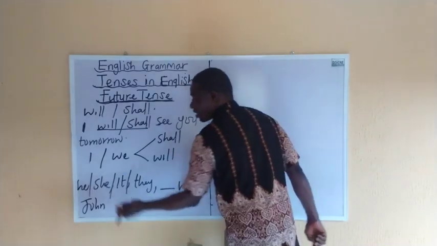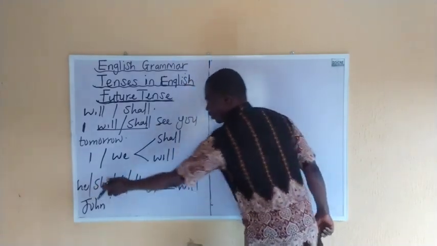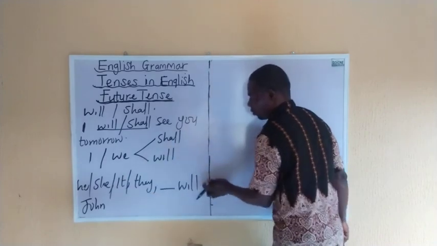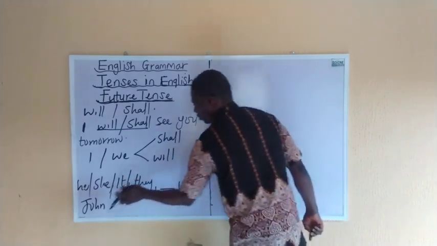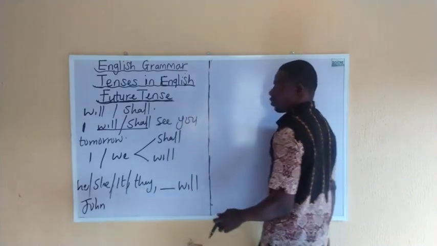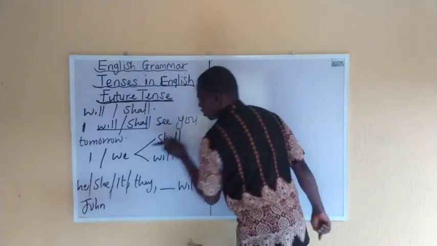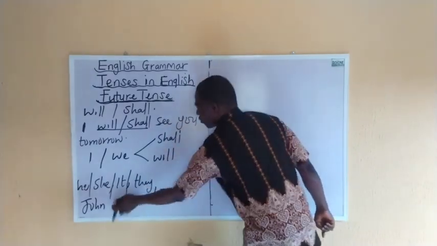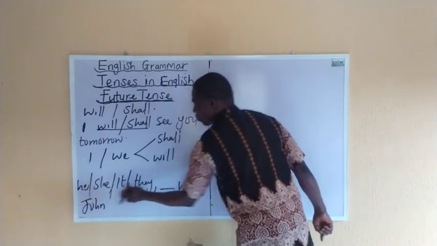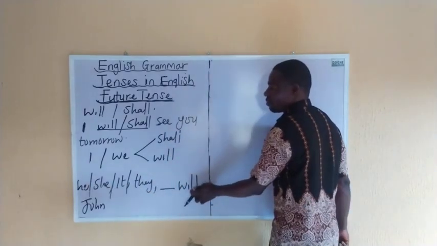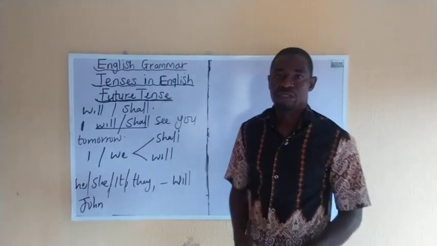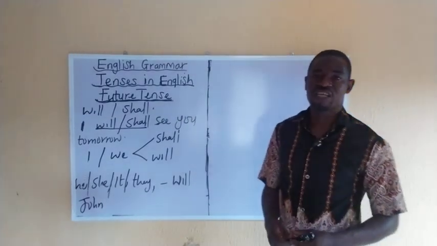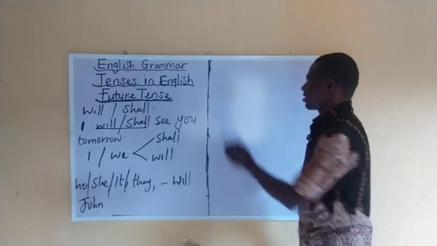Then we can only say he will, she will, it will, they will, John will. But we cannot say he shall, she shall, it shall, they shall, John shall. We can only use these pronouns for what? For the verb will.